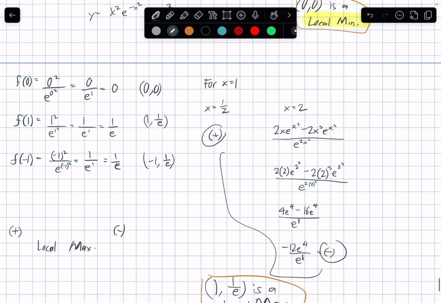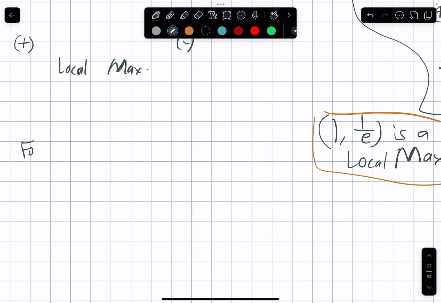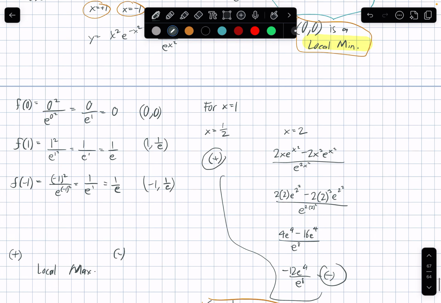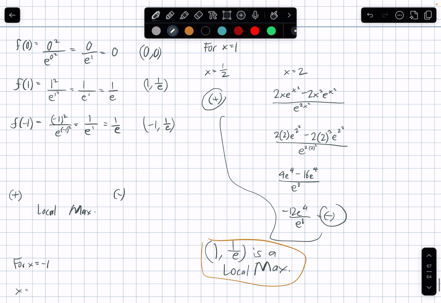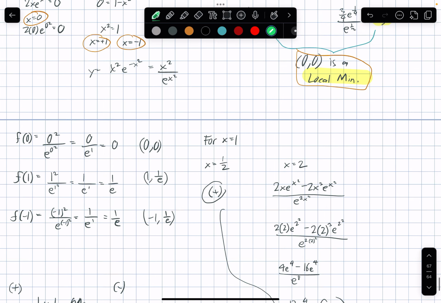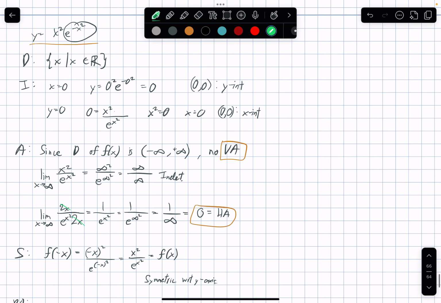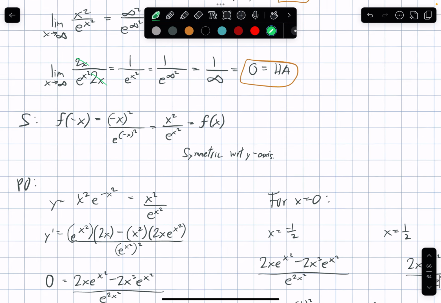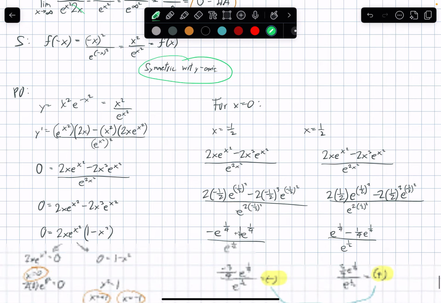Okay, for x is equal to negative 1, let's say from the left, negative. There's a reason why my solution paper no longer showed the one for x is equal to negative 1. Maybe it's probably because, if I remember correctly, it had to do something with the symmetry, symmetric with respect to the y-axis.